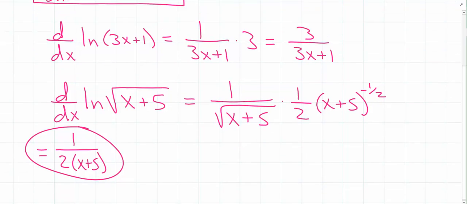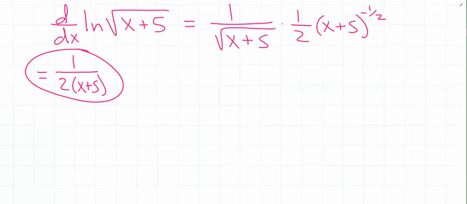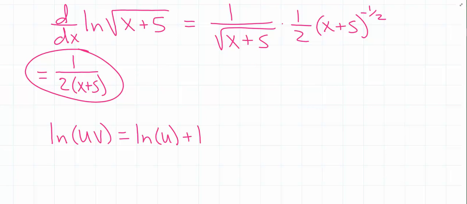For example, this problem right here, I could remember these properties. Remember that if we've got the natural log of u times v, we can write that as the natural log of u plus the natural log of v. So that's one of the properties of logs that we might be able to use in differentiation to make things easier.